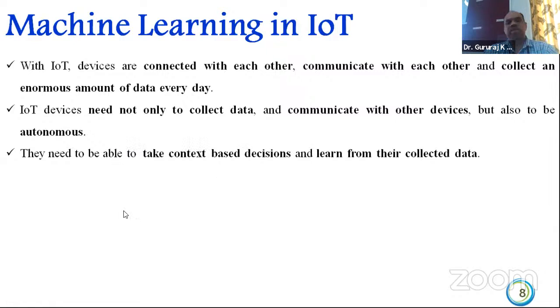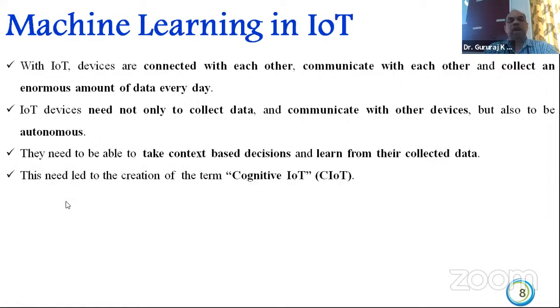Once we have that, the collected data can be used to make context-based decisions. Once we have those decisions, we can say what best we can analyze. So based on all these requirements that have been generated, we have come across an IoT called cognitive IoT. Cognitive IoT, in the sense, is based on our activities, what decisions we can take.